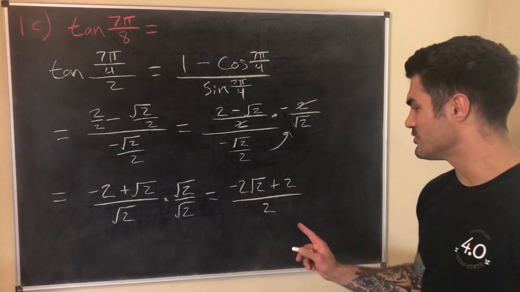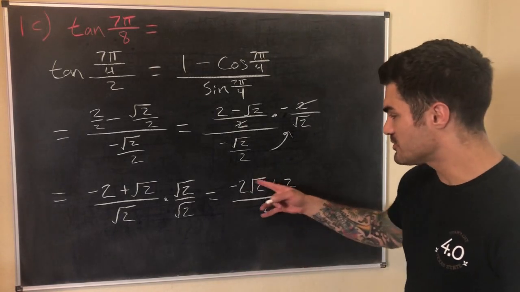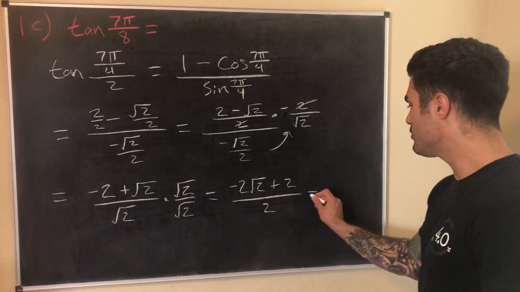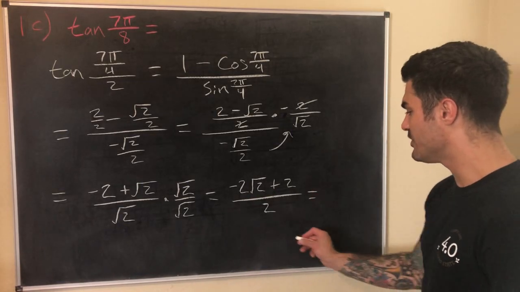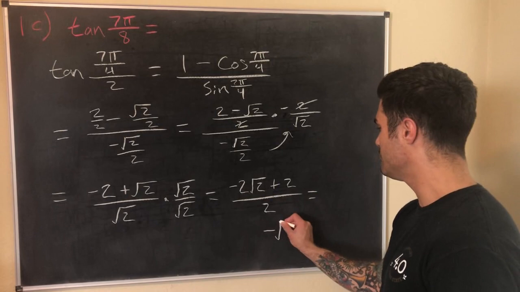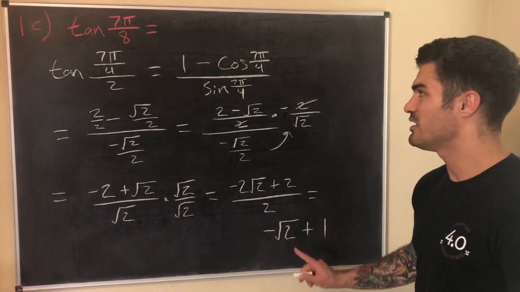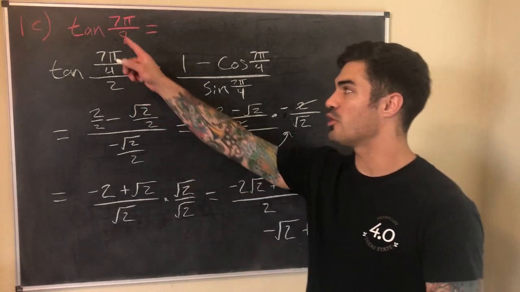Now these 2's cancel, right? I can either think of it as splitting this up into 2 terms. I can factor out a 2 from the numerator. Either way, all of these 2's cancel. What I'm left with is just negative root 2 plus 1. And that is the exact value of our original expression.